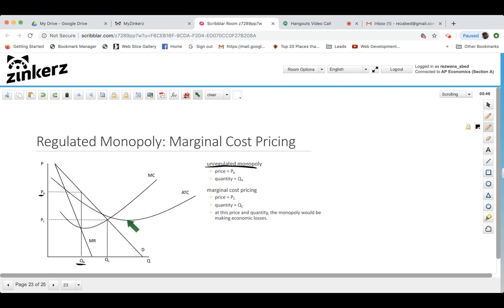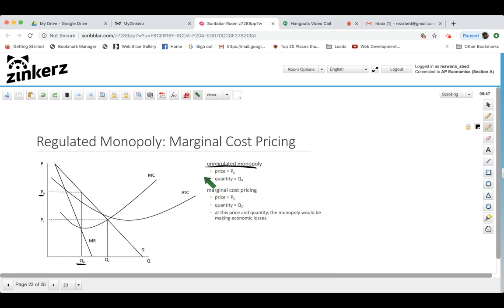And over here, you see that the average cost is still declining. This is exemplary of a characteristic of a natural monopoly, that their average cost is still declining as it intersects the demand curve. Okay.